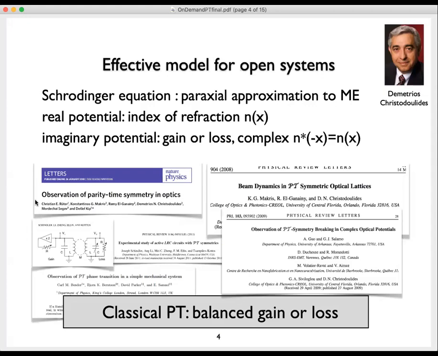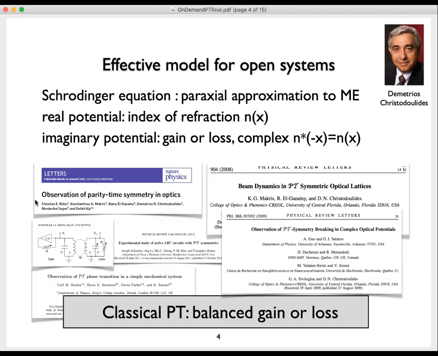Okay. And in that case, the role of the potential in the Schrodinger equation is played by essentially the local index of refraction of that waveguide. It's more specifically the index contrast, the difference of the index of refraction of the waveguide versus the cladding. And this quantity can be made complex because we know indeed that the index of refraction has both real and imaginary parts.